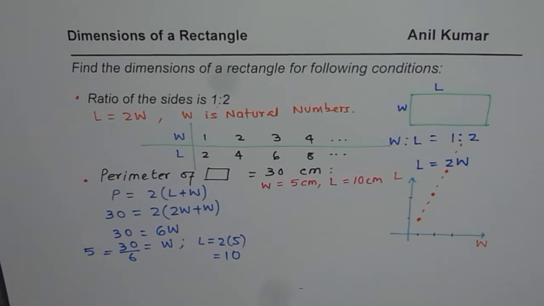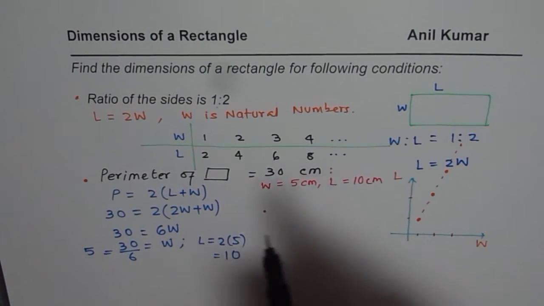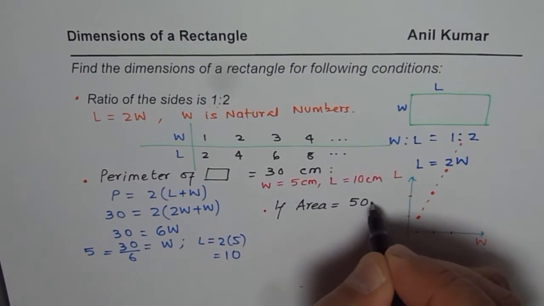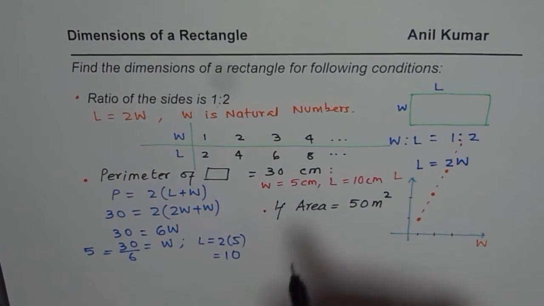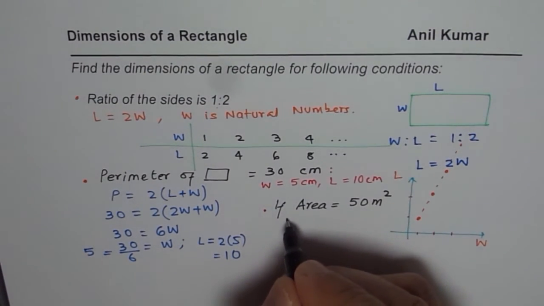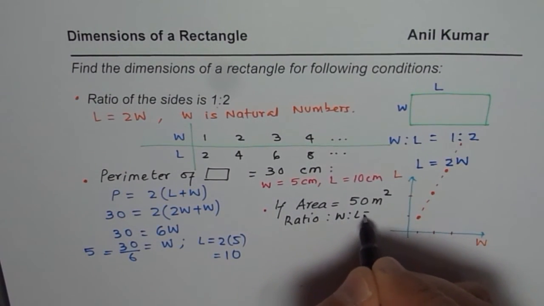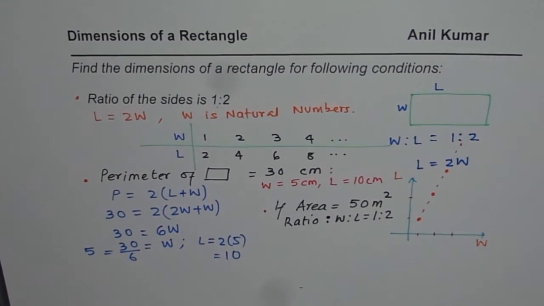Now, if I give you a third question to solve: if the area is 50 meters square and the ratio of width to length is 1:2, the same ratio, then find the dimensions of the rectangle. You can pause the video, answer the question, and then look into my answer.